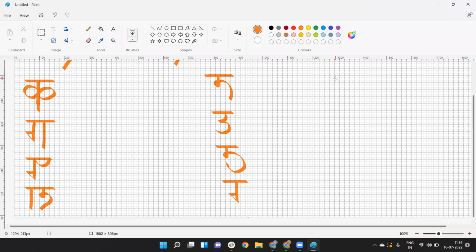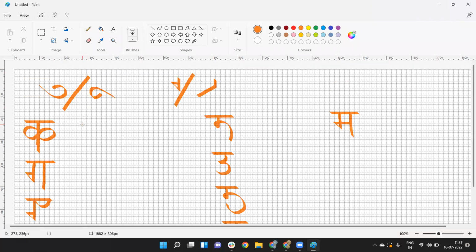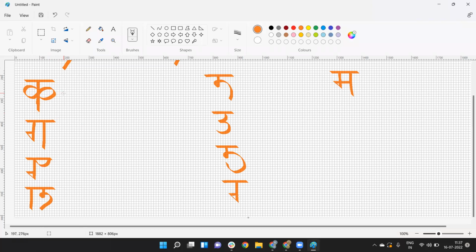So with the U matra, first we'll see the Laghu matra, U. When the U matra is written with K, about the shape of K, I have also mentioned in the previous classes, the K always takes this shape when a conjunct or any matra is attached to it.